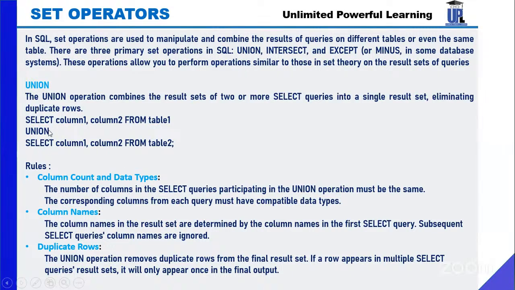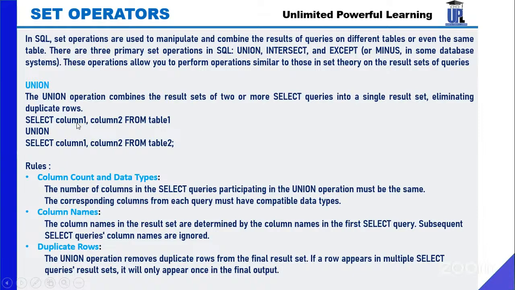Otherwise, you cannot merge the records of the two tables. The column names, data types, and the number of columns should remain the same. Then only you can merge them.